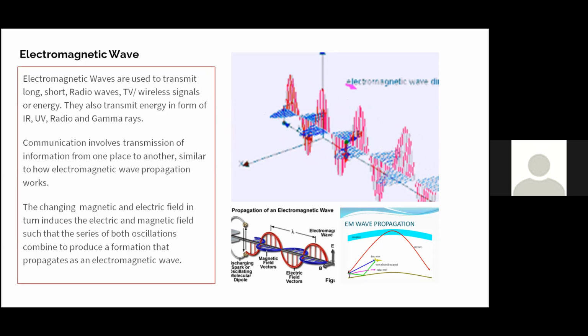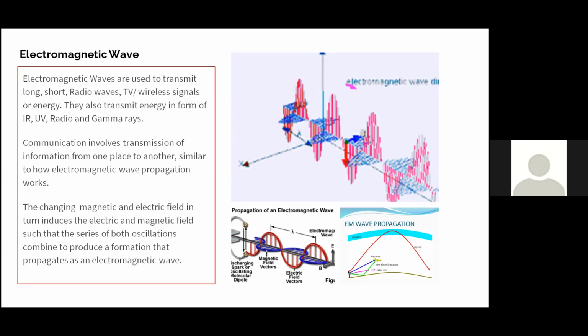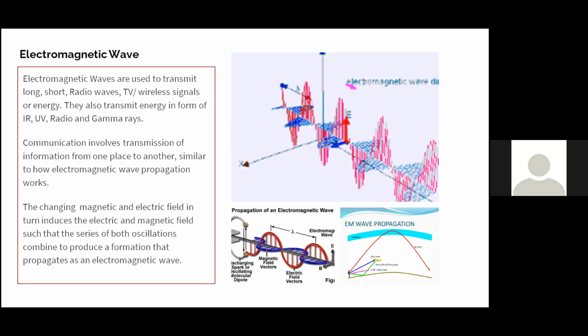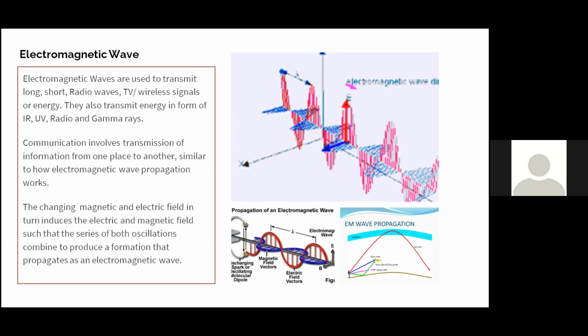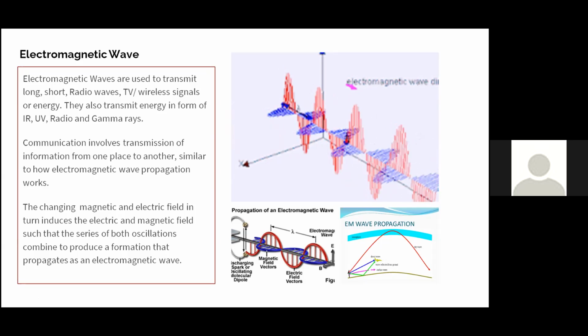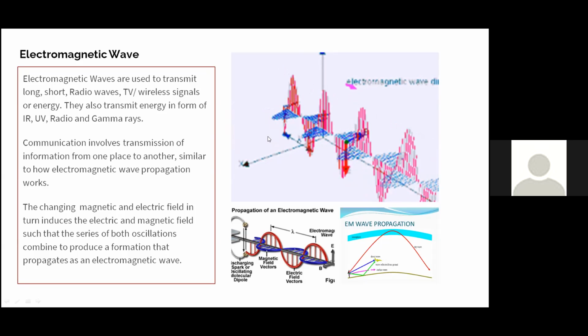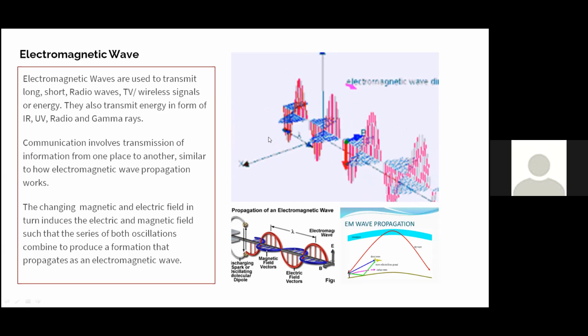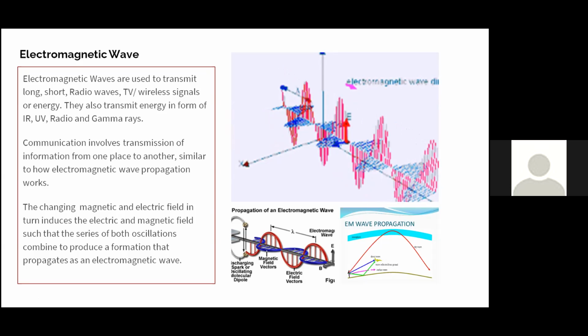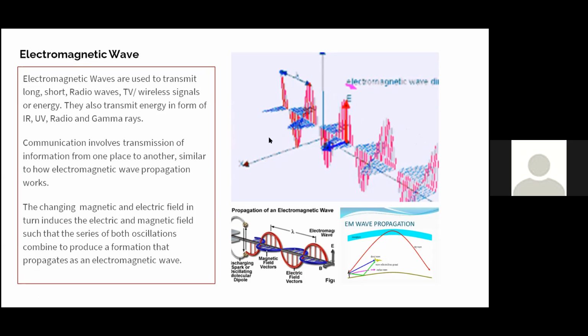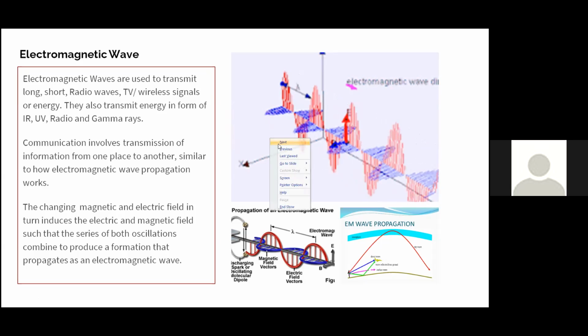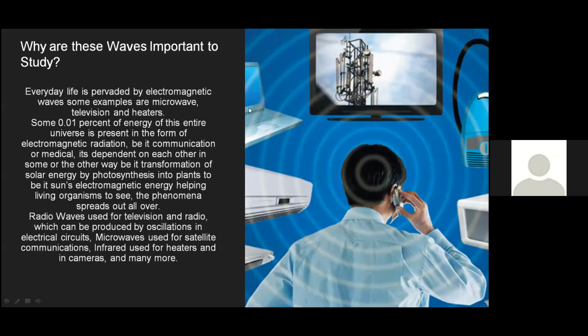From its origin, the wave will propagate outwards in all directions. If the medium in which it is propagating, air for example, is the same everywhere, the wave will spread out uniformly in all directions. Now, moving on further with the importance of electromagnetic waves, I'd like Alinda to carry on.